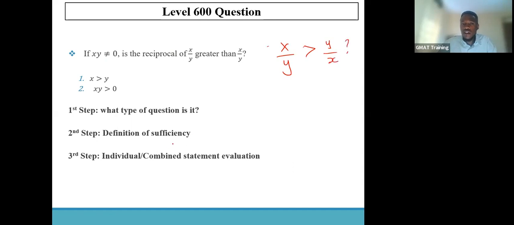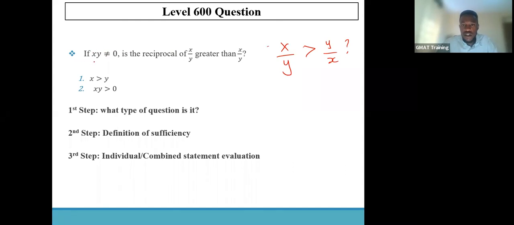This is the ask. Then the condition is that the product of x and y should not be equal to 0, which means that neither of the two values can be equal to 0, because you could only get their product being 0 when either of them is 0 or both of them are zeros.